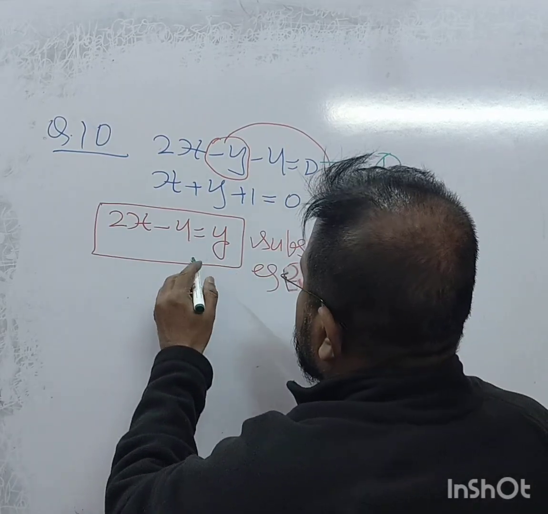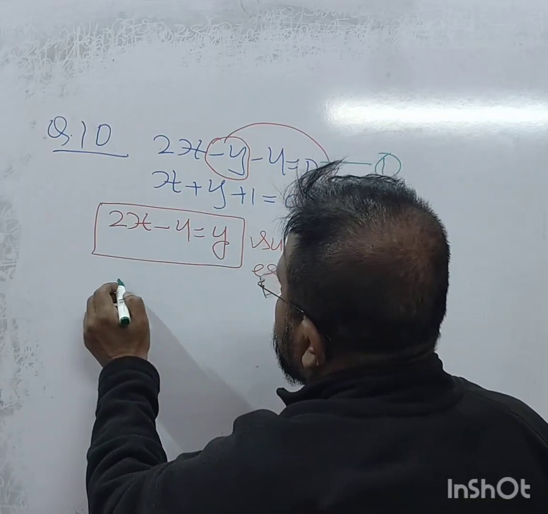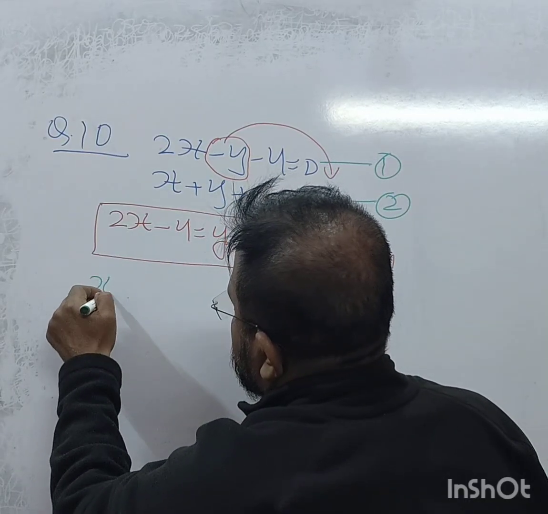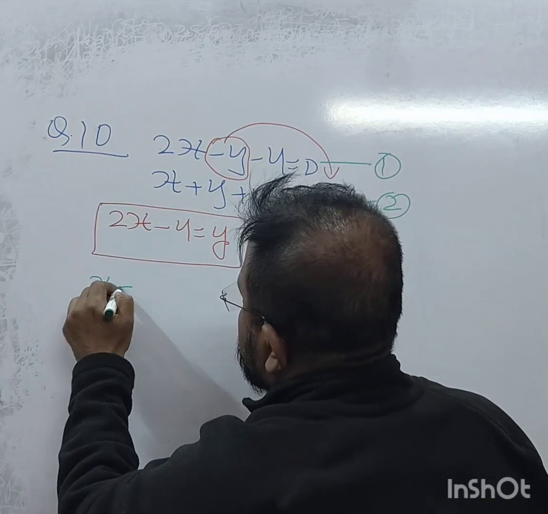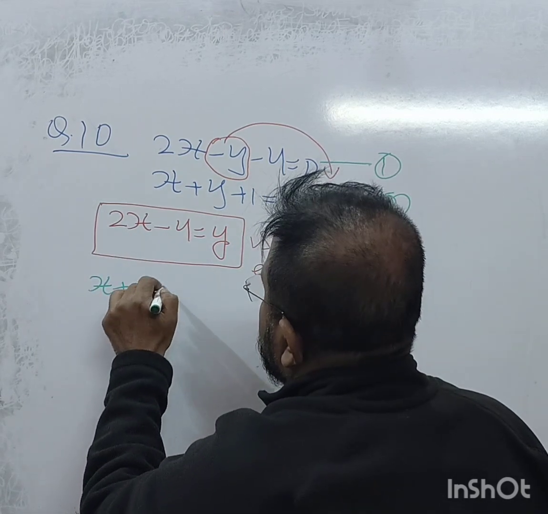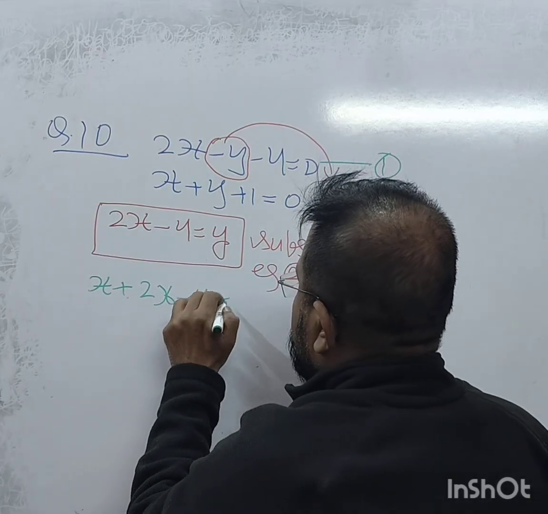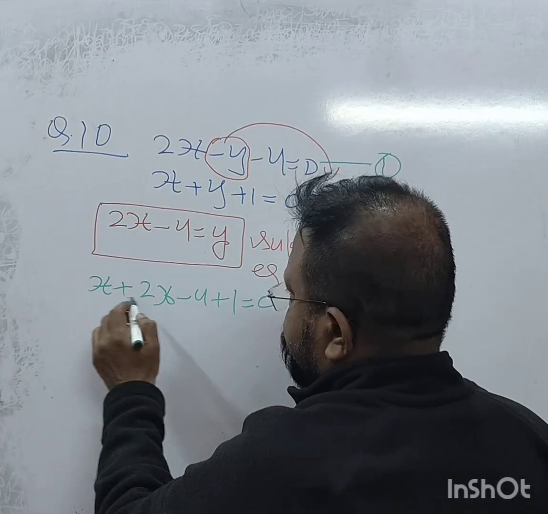So when we substitute this value of y in equation 1, it becomes x plus 2x minus 4 plus 1 is equal to 0.